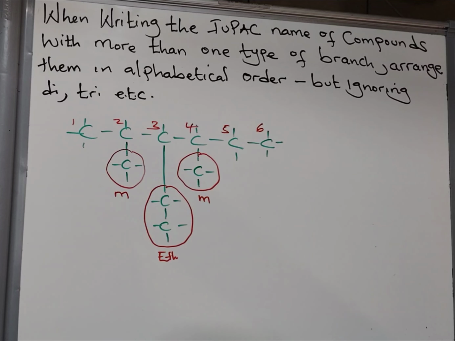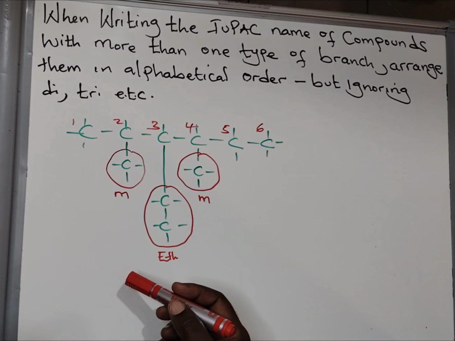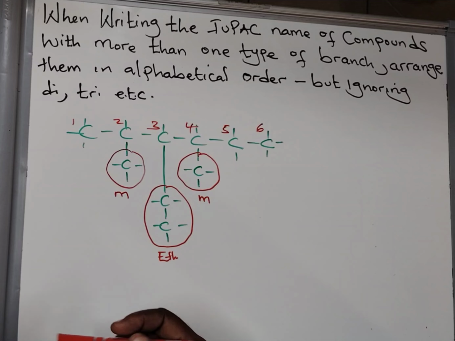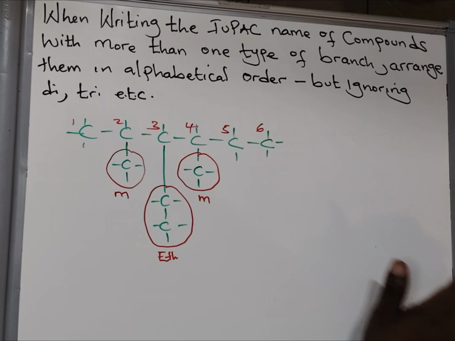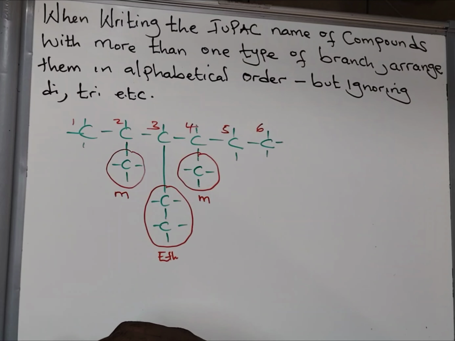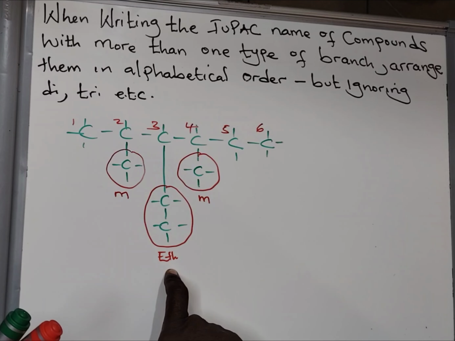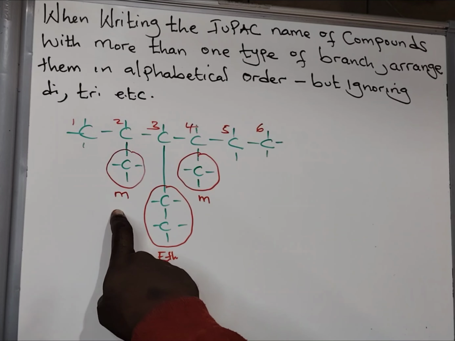And if that's the case, then we start the naming. Remember, we have a methyl and we have ethyl. So what do we do? The rule says that when writing the IUPAC name of compounds with more than one type of branch, arrange them in alphabetical order. So we have ethyl here on number 3 because E comes before M in alphabetical order.